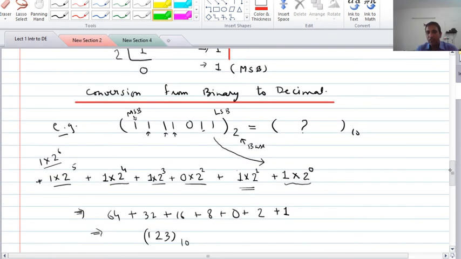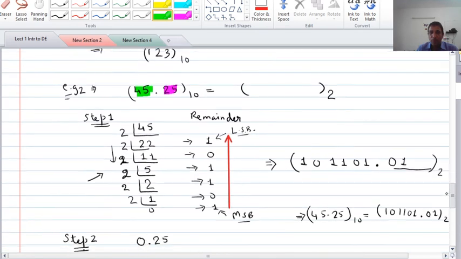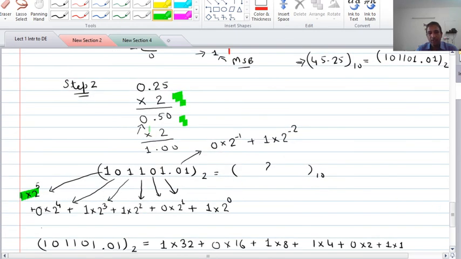And if the number is to be converted from binary to decimal, then we have to multiply by powers of 2. We have also studied fractional numbers, in which the method is just the reverse: we have to multiply by 2, not divide by 2, and consider only these two bits, this one and this one.